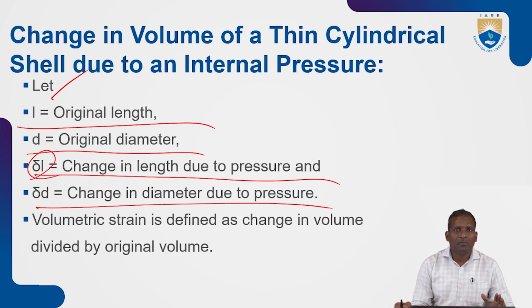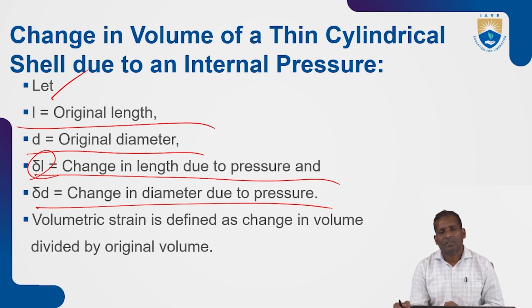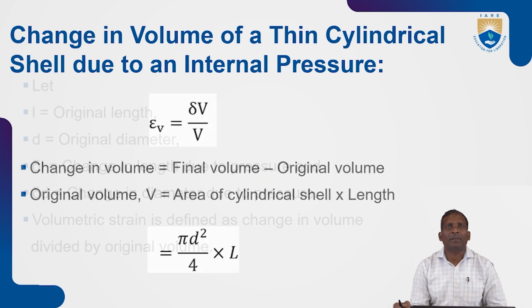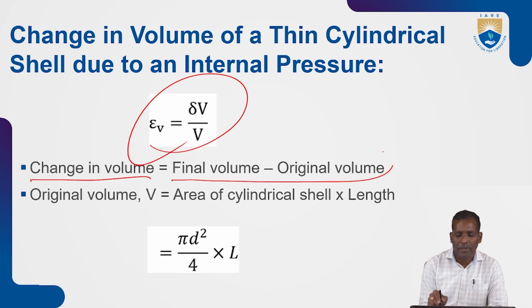Volumetric strain is defined as change in volume divided by original volume. It gives the volumetric strain, which we can represent as epsilon V equal to delta V by V. The change in volume is final volume minus original volume.